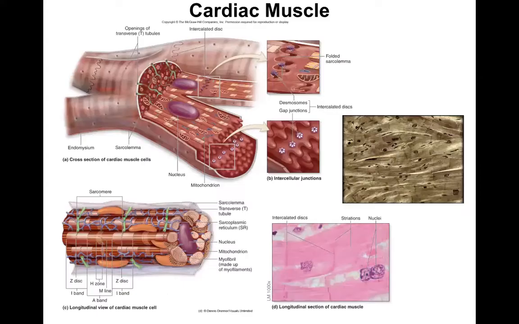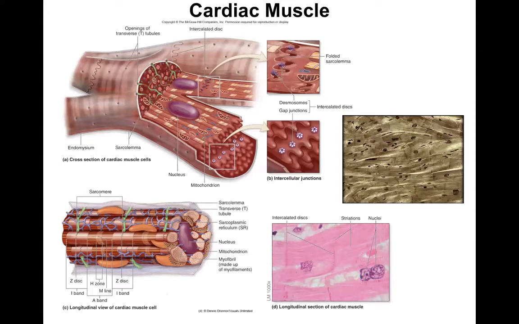Then come the cardiac muscles. If you remember when we learned about muscles, we learned that muscles are of three kinds: skeletal muscles, smooth muscles, and cardiac muscles. Here we are with the cardiac muscles. These are involuntary muscles, which means we do not have any control over how they contract and relax.